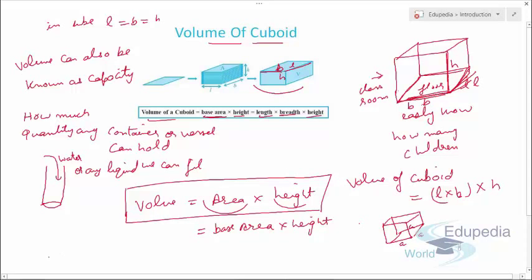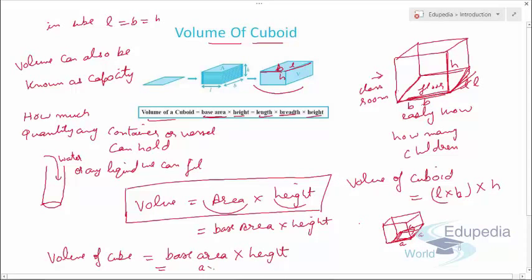Again, we can apply the same concept. We can say that the volume of cube will again be equal to base area into height, right? Over here, the base area is A times A. This is the base of the cube.